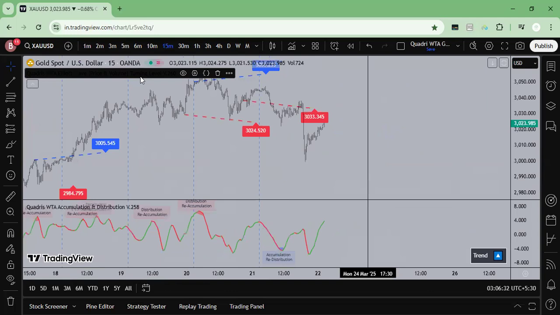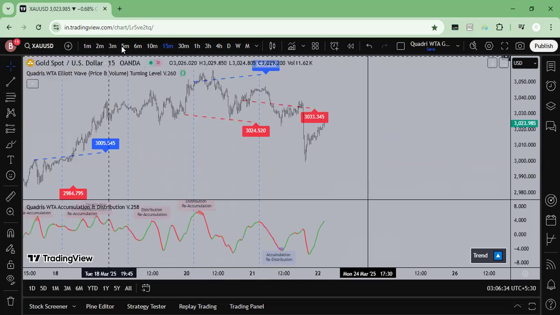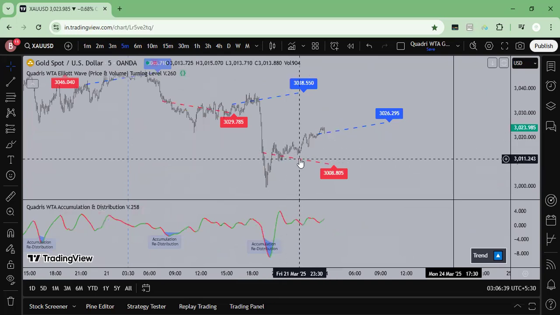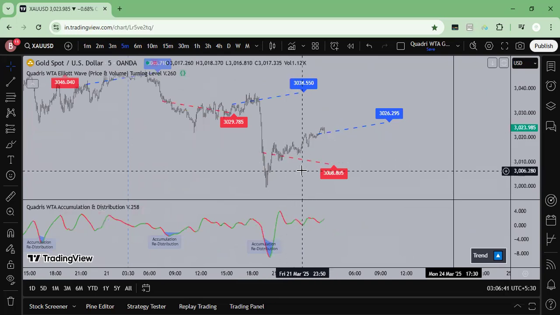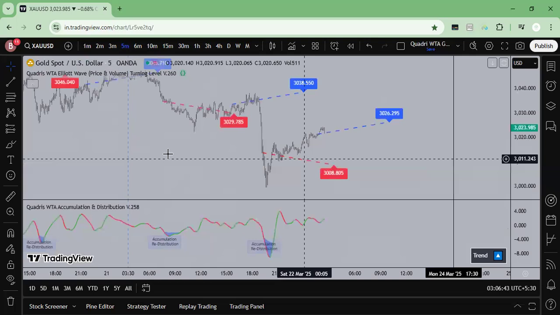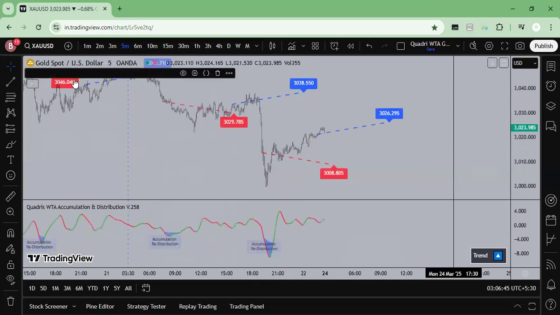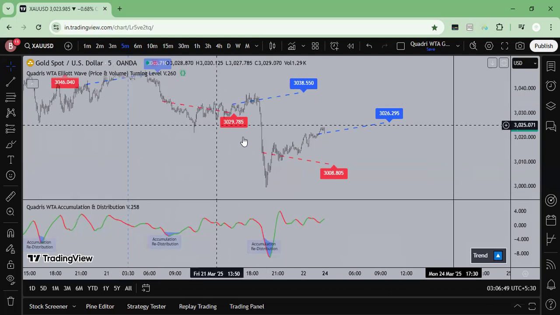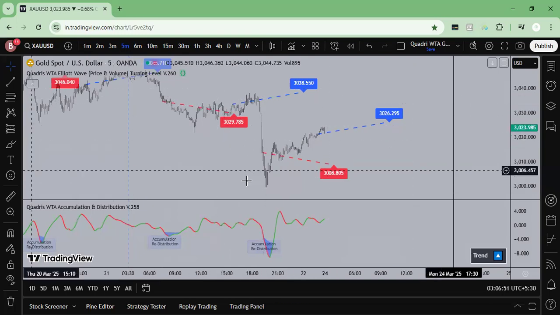But this turning level is especially meant for XAU traders, and this can be made for other markets also, but it has to be coded in another way. So this Elite Wave price and volume turning levels is especially meant for XAUSD traders, that is gold spot.